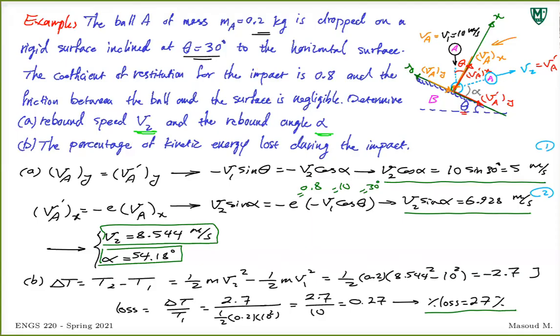Remember, the whole story when I started talking about impact: we know the objects' conditions before the impact. We want to know the objects' conditions, specifically their velocities after the impact. That's the main goal when we are studying the impacts of objects. Right? Things can vary here and there, but that's generally the idea. All right. Let's do another example.